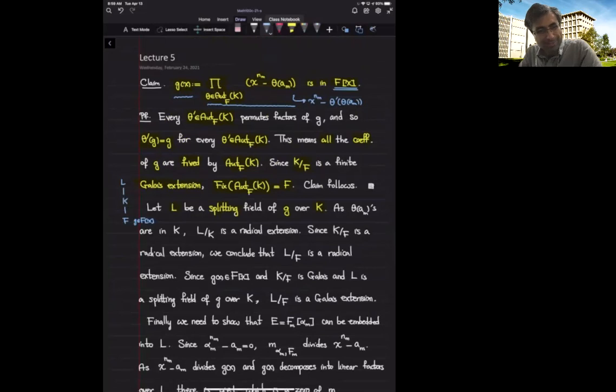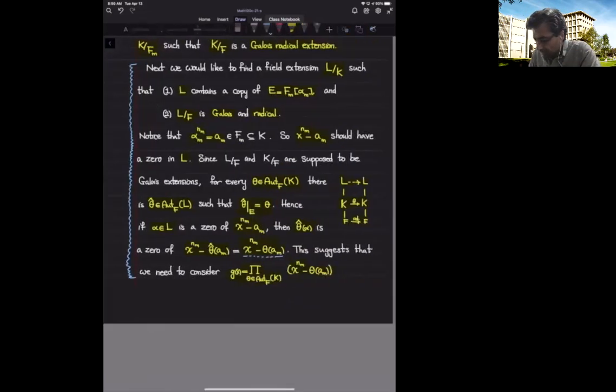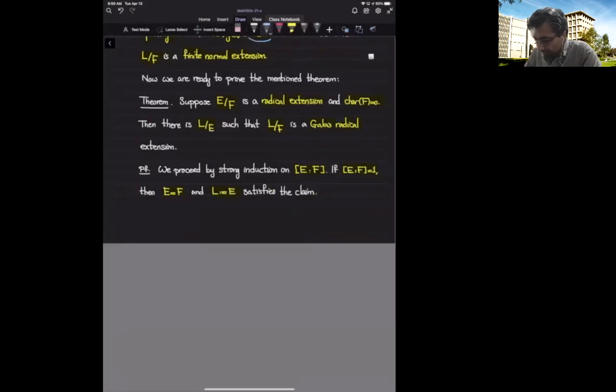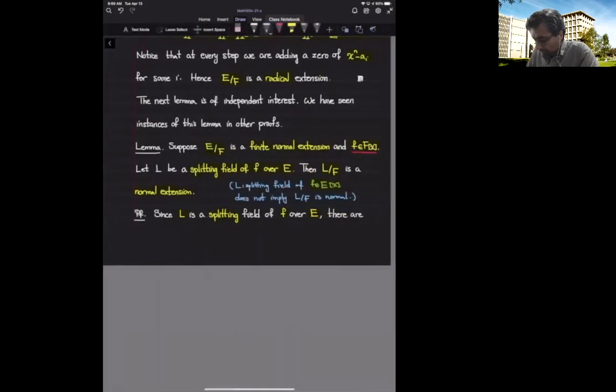Now I'm considering the splitting field of G over the base field capital F. And what we have proved in the previous lemma, where is it? It's over here. Here we showed that if I start with an extension E over F, and I give you a polynomial F inside F bracket X, and I consider a splitting field of this over E, then L over F is a normal extension.